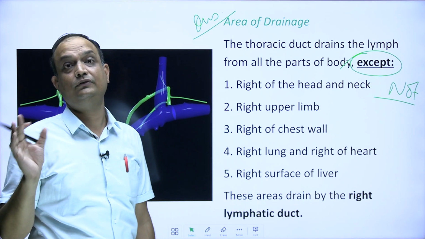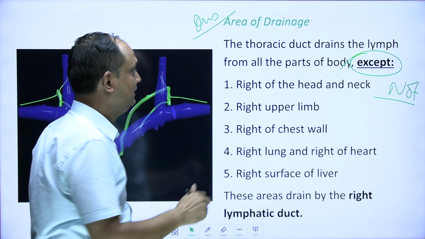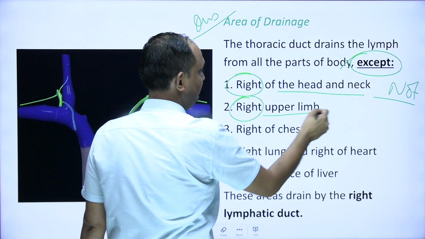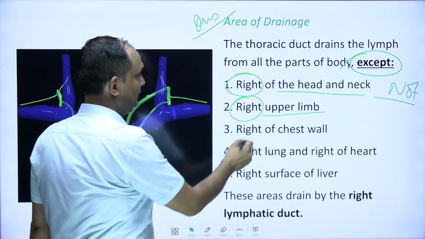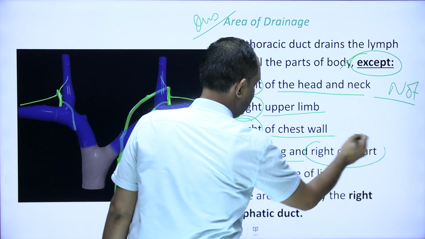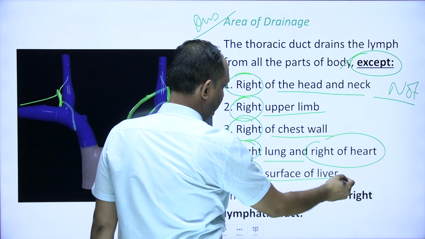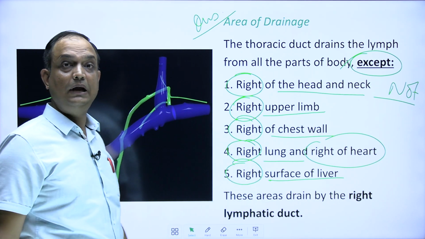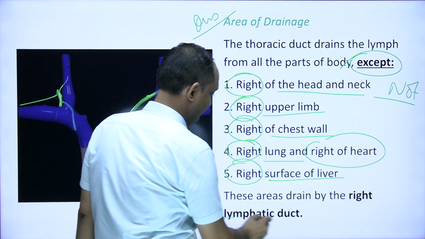These are the areas of the right side. Which right side? The right half of the head and neck, the right side upper limb with the right axilla. Then you have the right chest wall, right lung and the right side of the heart, and the right surface of the liver. All these right areas are actually drained by the right lymphatic duct.